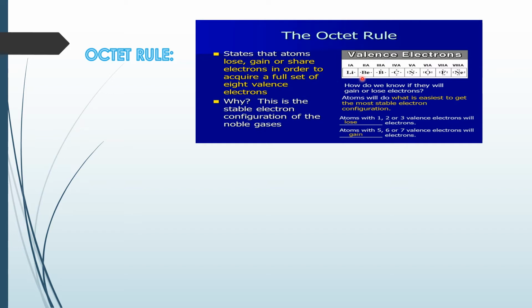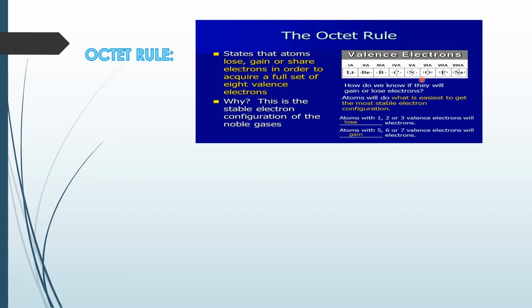For example, beryllium has 2 valence electrons. It readily loses the 2 valence electrons and becomes an octet. And then boron has 3 valence electrons. It also readily loses these 3 valence electrons and becomes an octet.